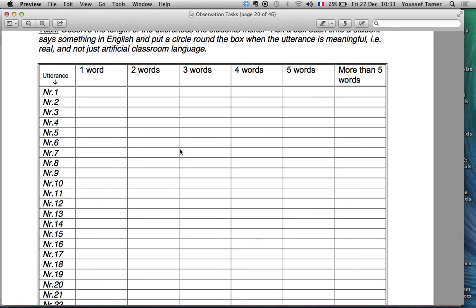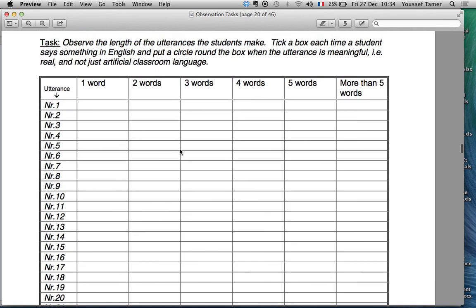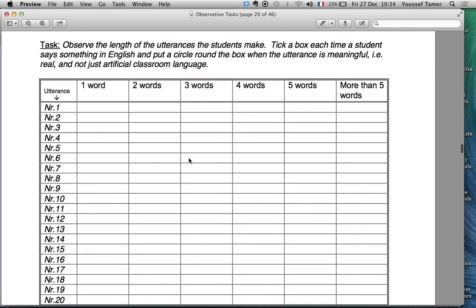Sinclair and Coulthard were some of the basic people who devised their own division of classroom discourse into turns: initiation, response, and follow-up feedback. We will see the details when we come to that. It's one of the ways that you can use for evaluating classroom discourse and student talk time or teacher talk time.